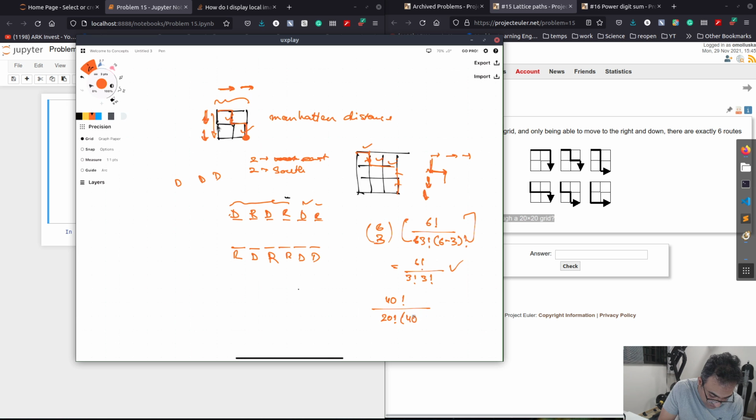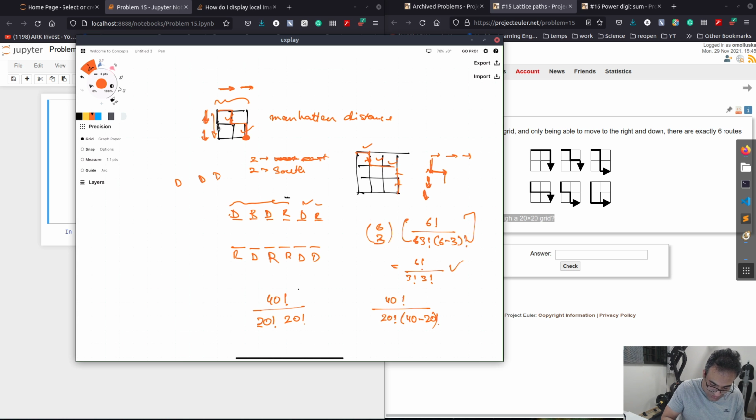And 40 minus 20 factorial. So that's 40 factorial by 20 factorial and 20 factorial. That is the number. Let's check if this is correct.